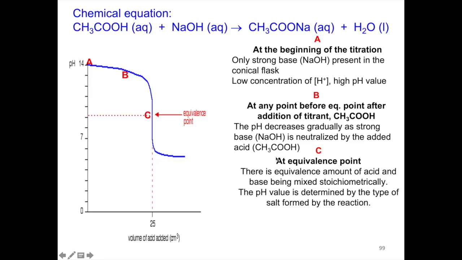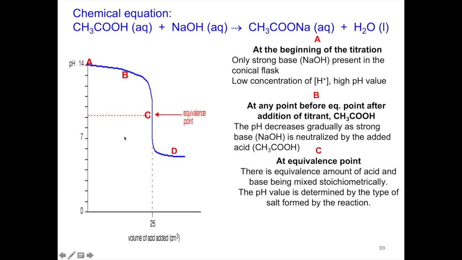At point C, when you add exactly 25 ml of acid into the conical flask, there is an equivalent amount of acid and base being mixed stoichiometrically, and the pH value is determined by the type of salt formed by the reactions. It has the same type of salt as the previous example, which is a basic salt, so the pH of the equivalence point is more than 7.